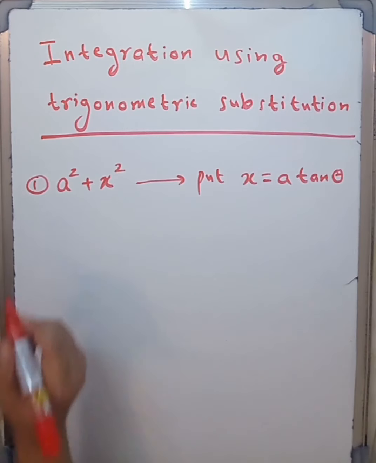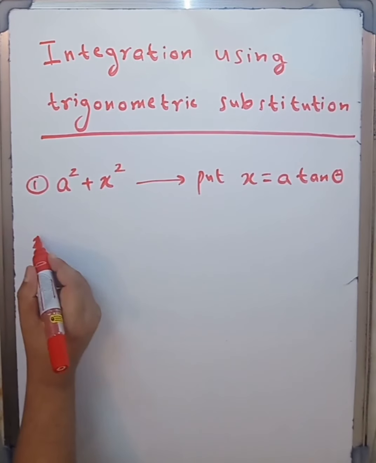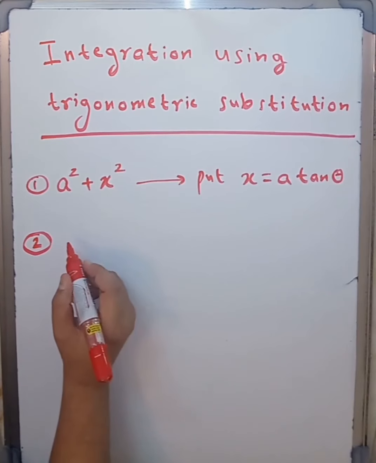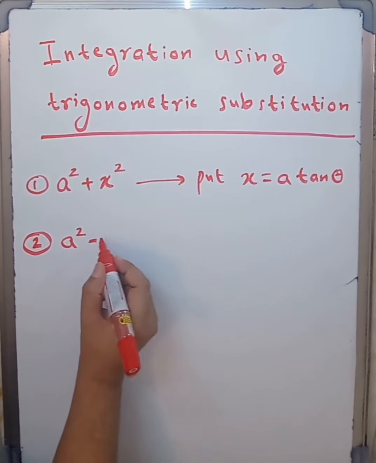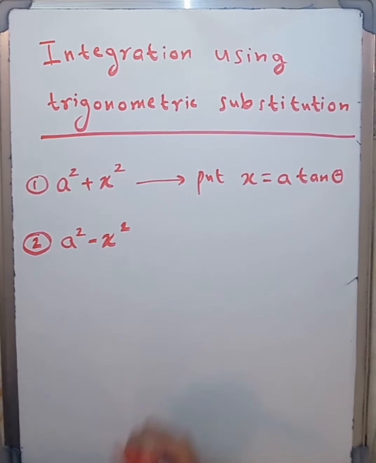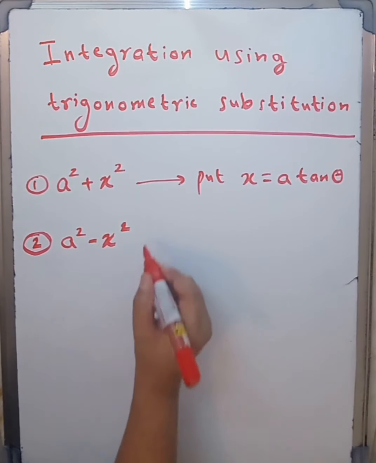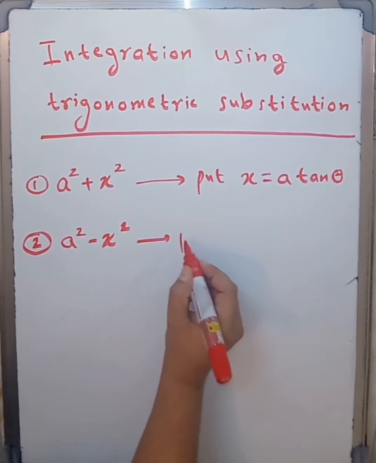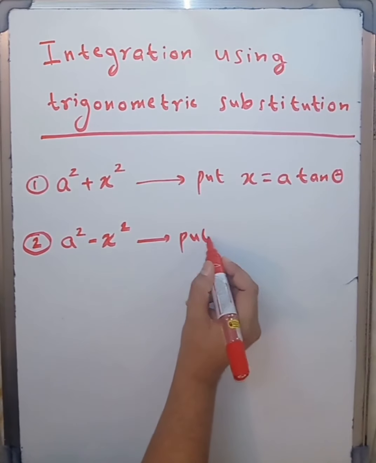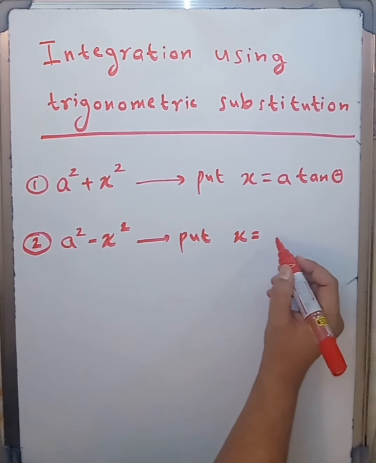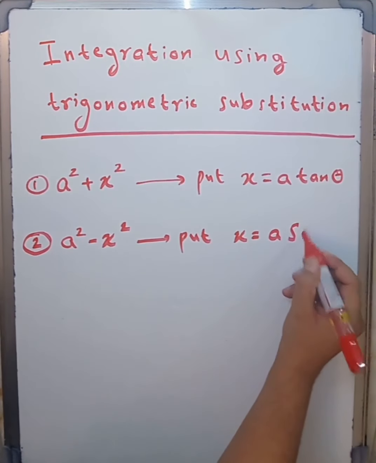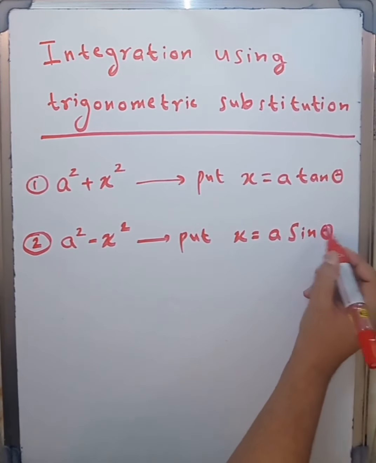Same way, if in the question we see a square minus x square, in such cases we put x is equal to a sine theta.